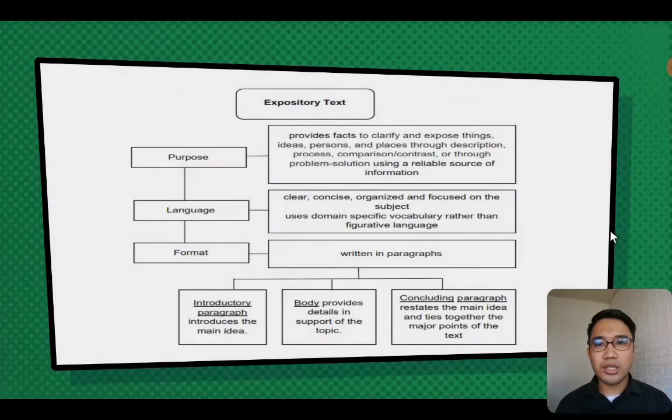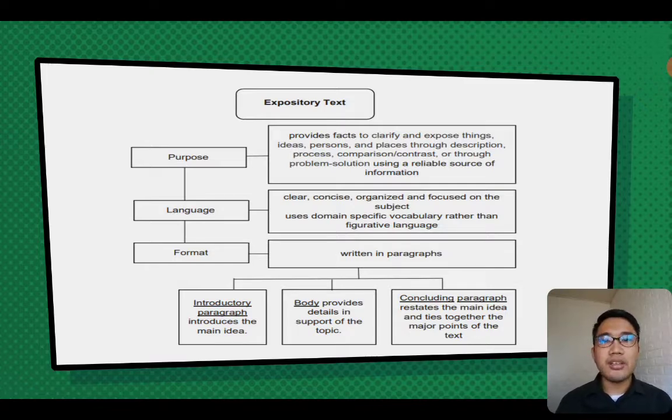So here's a chart explaining what an expository text is. The purpose is to provide facts, to expose things. The language must be clear, concise, organized, and focused on the subject. And the format is in paragraphs. So an expository text is written in paragraph form.